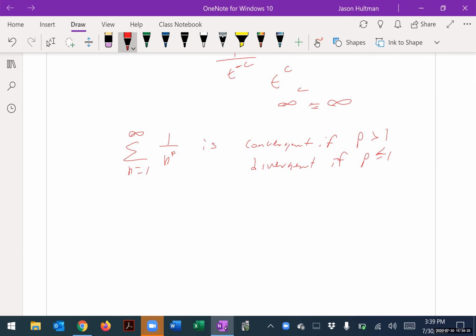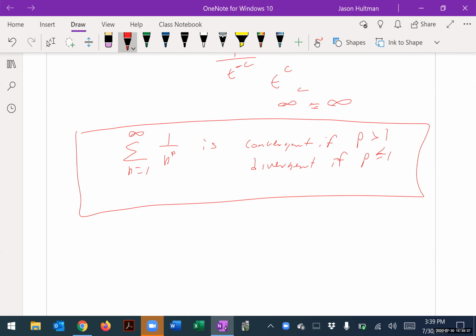If p equals 1, then it's the harmonic series, which we proved diverged. And if it's less than 1, it's still going to diverge. So there we go.